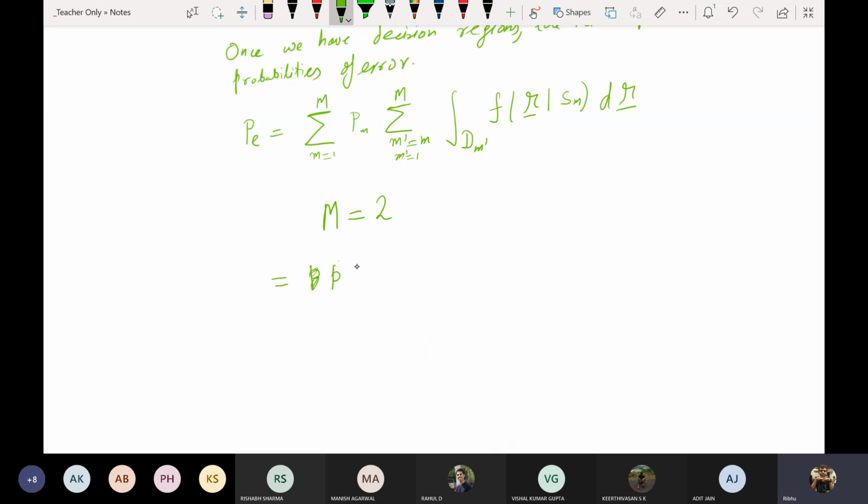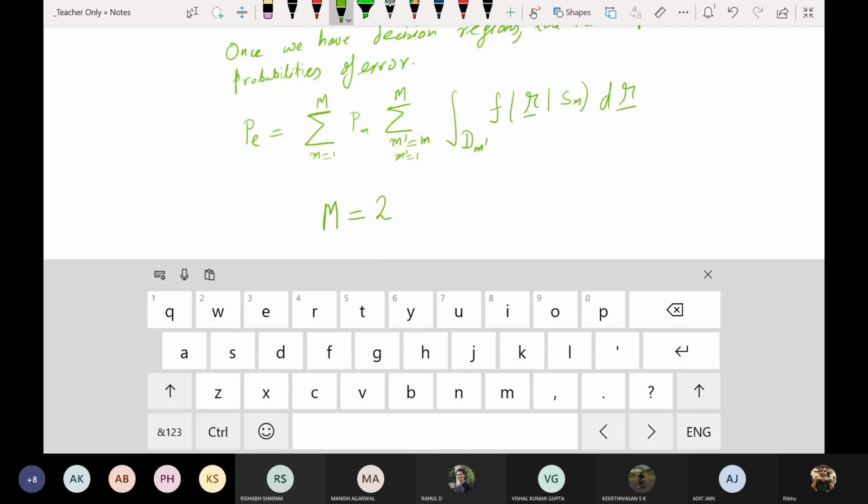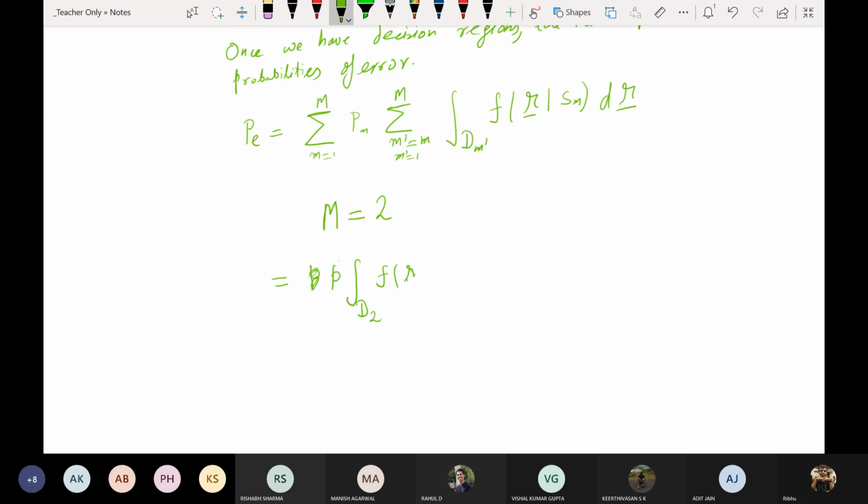So probability that S1 is transmitted and it is detected as S2, integral over D2 of f(R given S1) dR, plus 1 minus P times the integral over D1 of f(R given S2) dR, right.